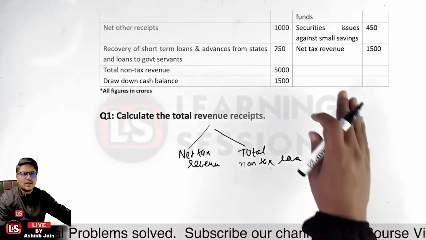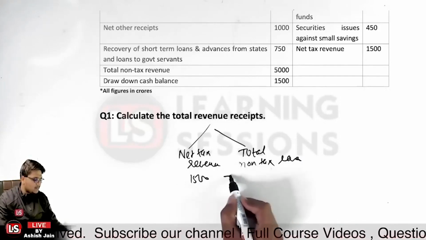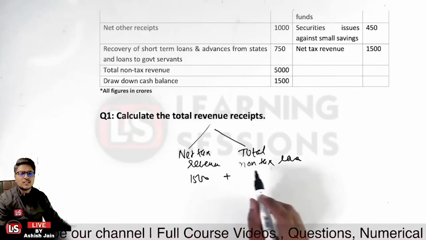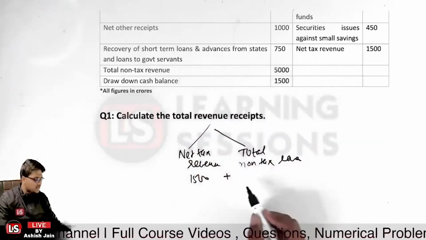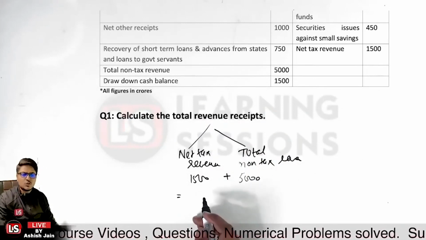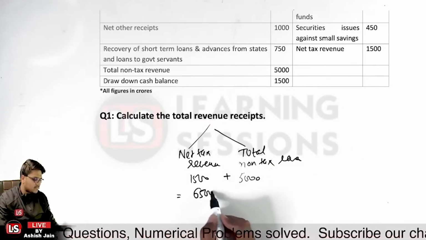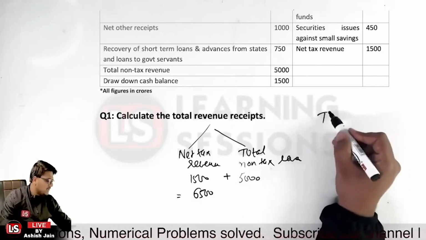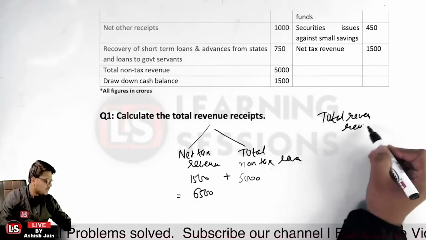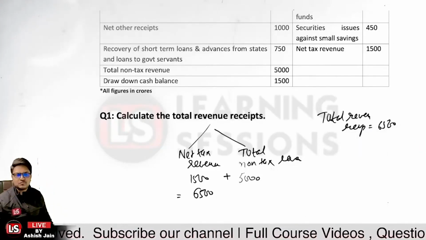We are already provided with the net tax revenue, which is given to be 1500 in this case, plus the total non-tax revenue, which is given to be 5000 in this case. So the total revenue receipts will be equal to 6500. We can write here that the total revenue receipts is equal to 6500, isn't it?